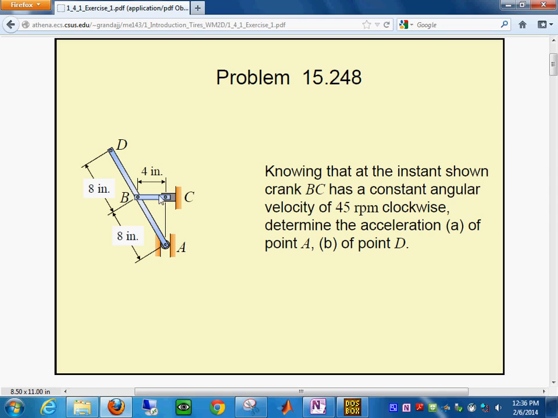You have this crank mechanism that rotates clockwise with 45 RPM. And if you do that, then this bar is going to swing back and forth like that. Do you see that?